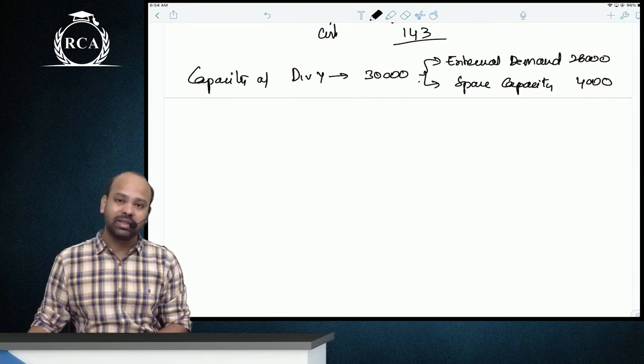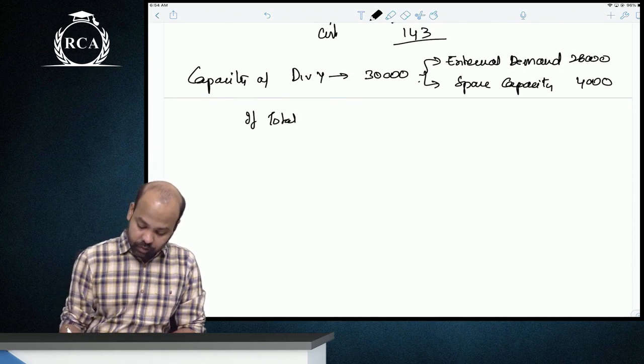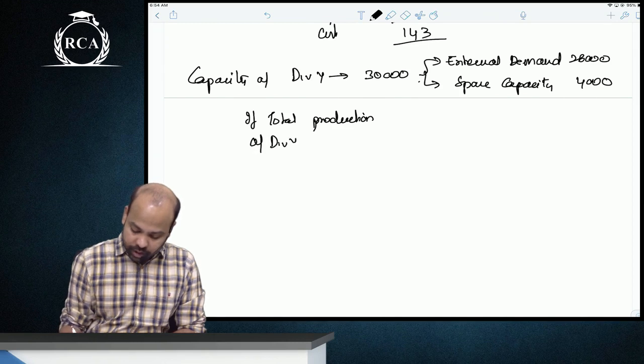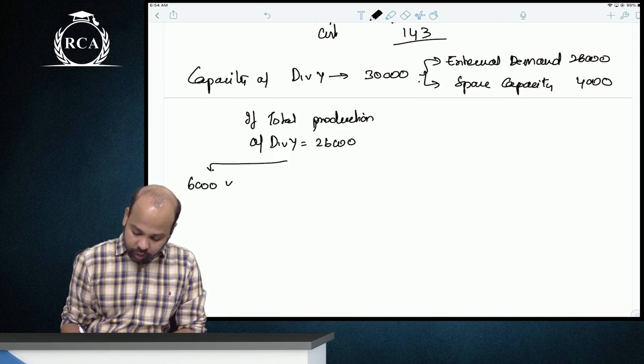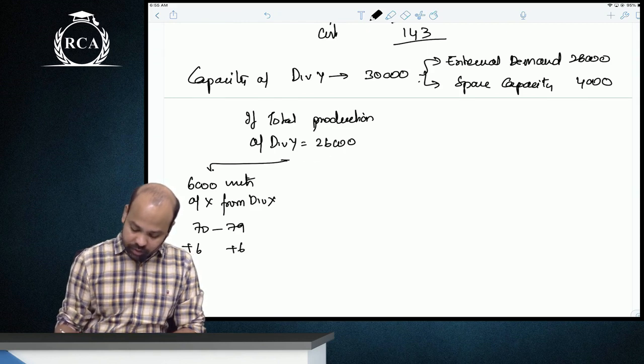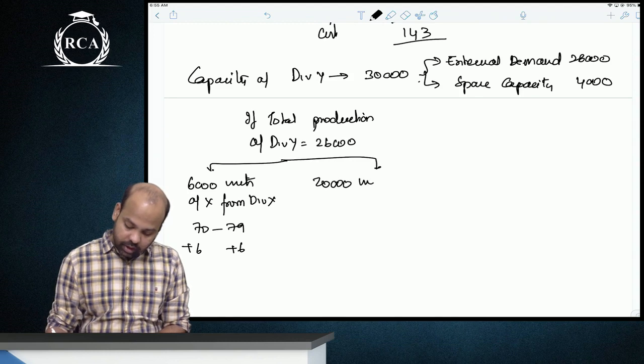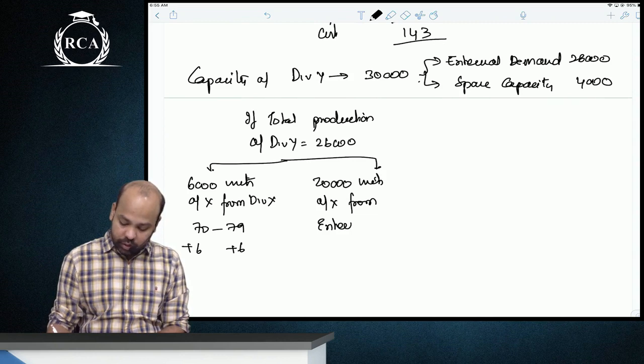So if total production of division Y is 26,000 units only, undoubtedly they will procure 6,000 units of X from division X. The transfer price would be 70 to 79, plus of course they will incur 6 rupees on that, an additional cost to pick up. And 20,000 units of X from the external market at 85 rupees. This is what they are going to do.